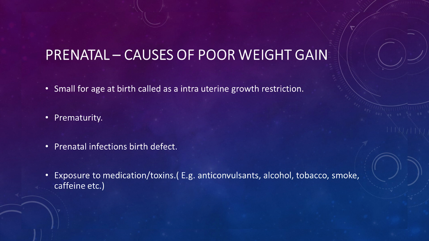Then prenatal infection and defects, where the baby is in the mother's womb and the mother has some viral infections or is exposed to medications and toxins, for example anticonvulsant drugs, alcohol, tobacco, smoke, caffeine, etc., that may affect the growth of the baby, and when the baby is born, we observe a baby with a low birth weight and underweight. These are the prenatal causes.